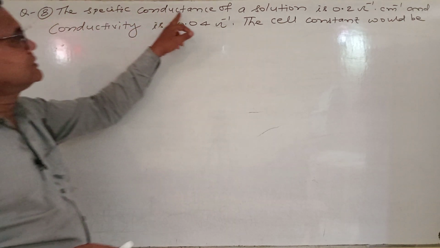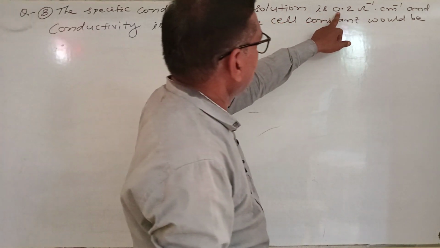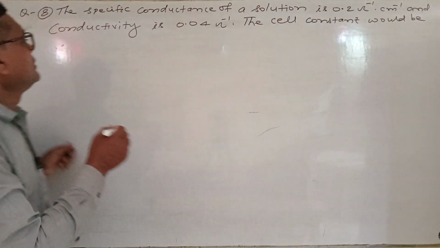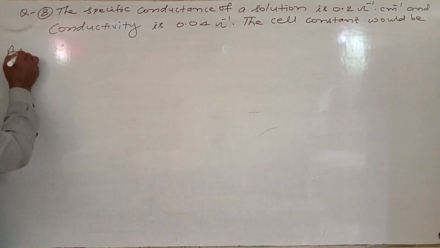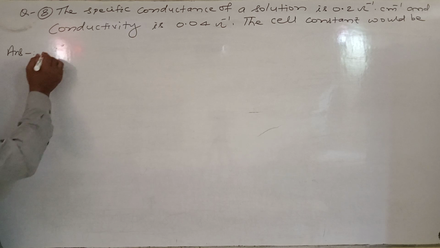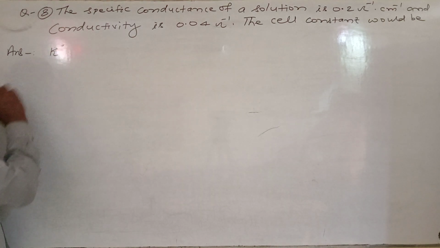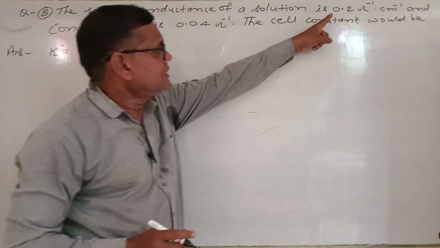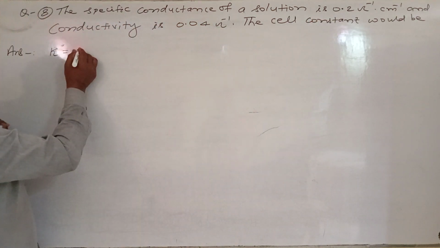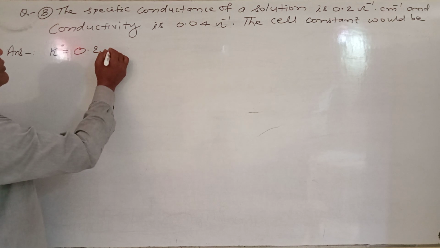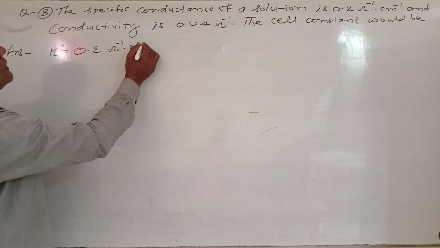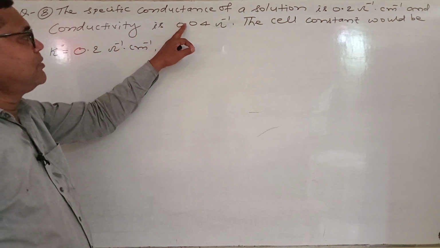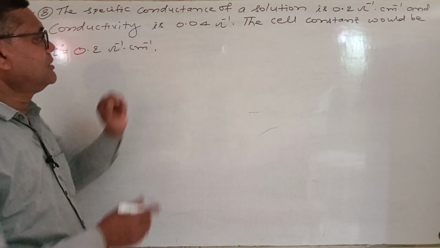The specific conductance of a solution is 0.2 ohm inverse cm inverse. Here we write the symbol of specific conductance, which is denoted by kappa. The value of kappa in the question is 0.2 ohm inverse cm inverse, and conductivity is 0.04 ohm inverse.